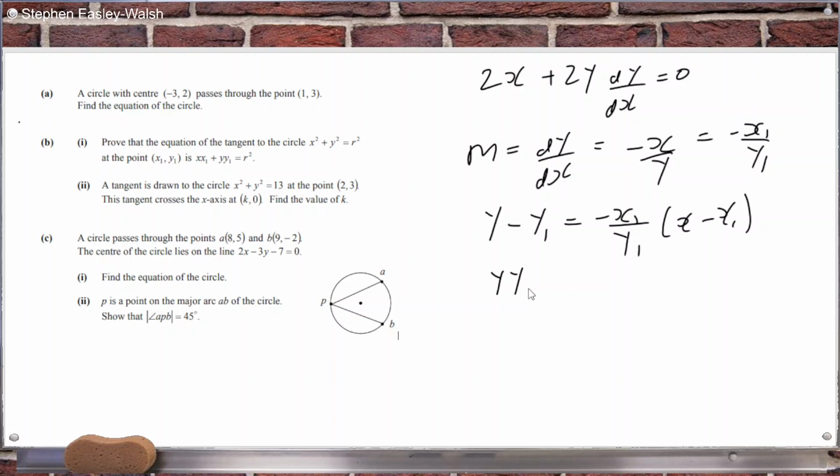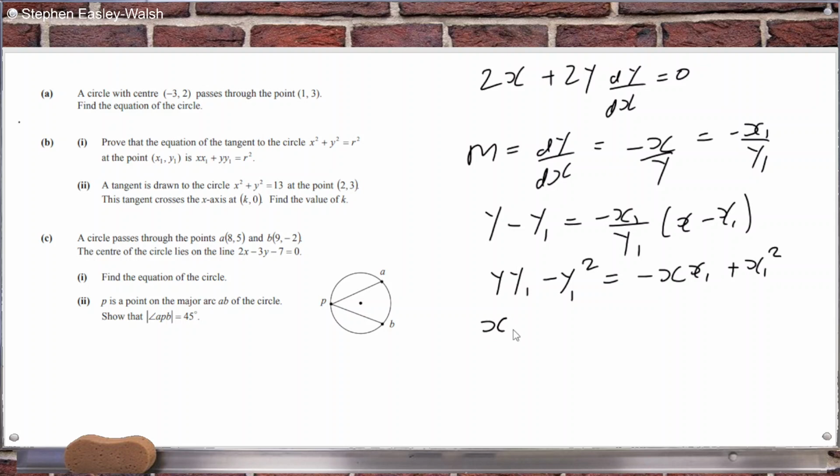Will I need to? Maybe I have to. y1 times (y minus y1) equals minus x1 times (x minus x1), so y1 y minus y1 squared equals minus x1 x plus x1 squared.